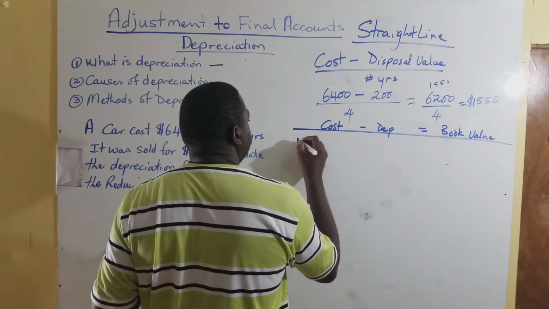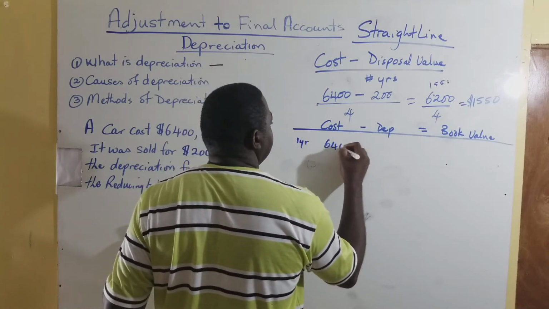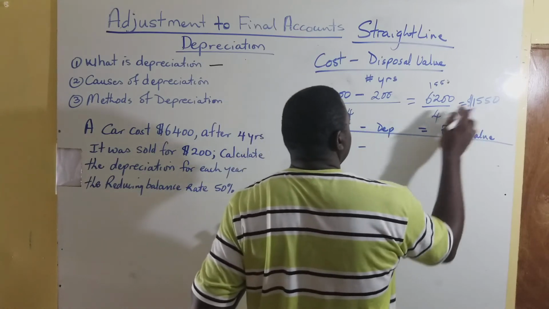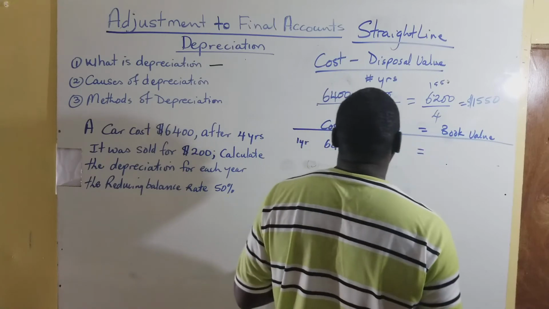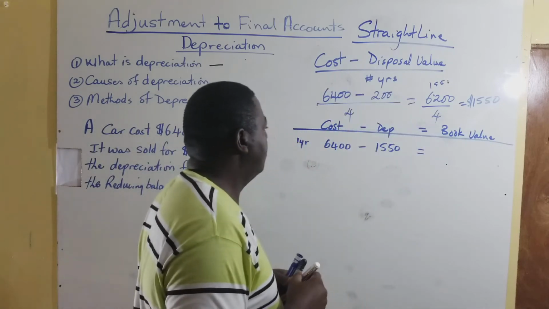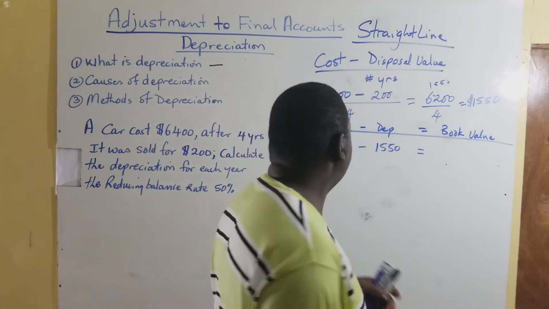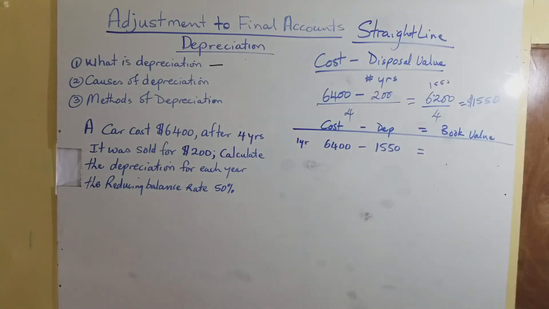For year 1, it would be 6,400, yes, minus depreciation, which is 1,550. So when we make the subtraction, what would be our book value?